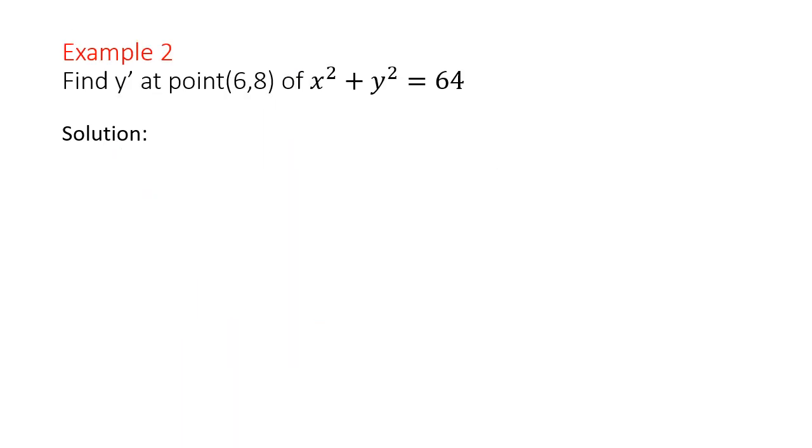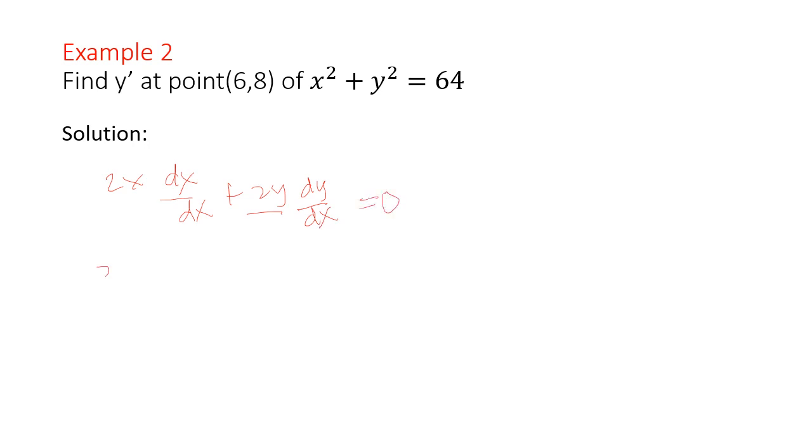So find y prime of x squared plus y squared equals 25 at the point 8, 6. So you have 2x dx over dx plus 2y times dy over dx equals 0.